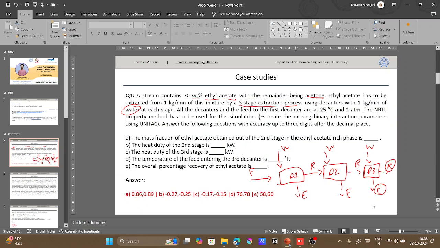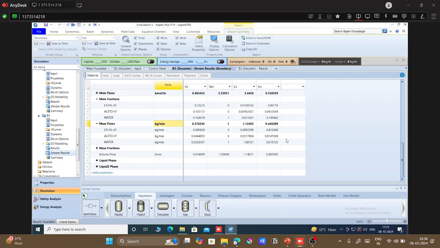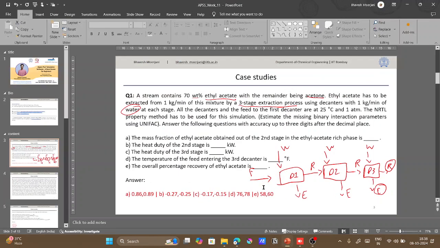It has not been provided, so we will look from the mass flow rate only. So we had 0.7 kg per minute ethyl acetate coming in the feed, out of which we extracted 0.415, that divided by 0.7, so around 59.3% recovery we are obtaining. Okay, so that should be your answer. So this was example 1 for today's class.